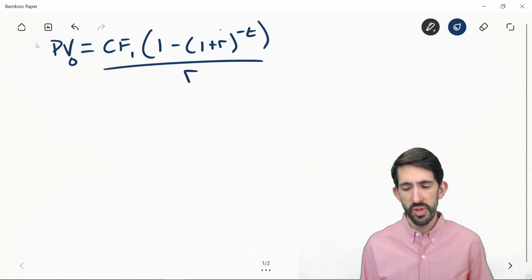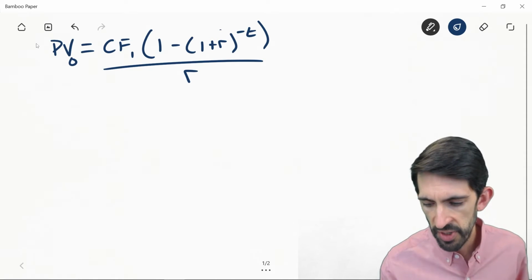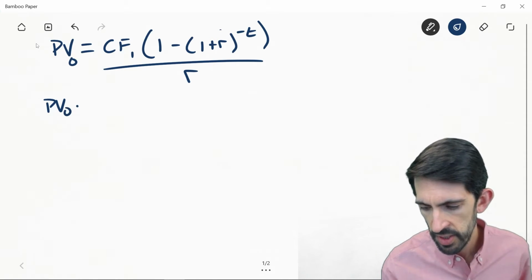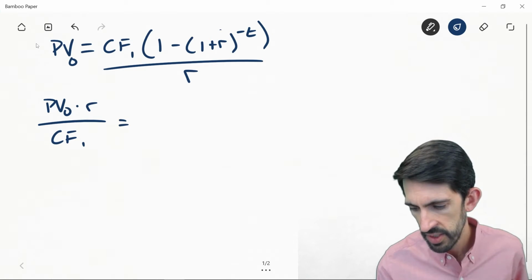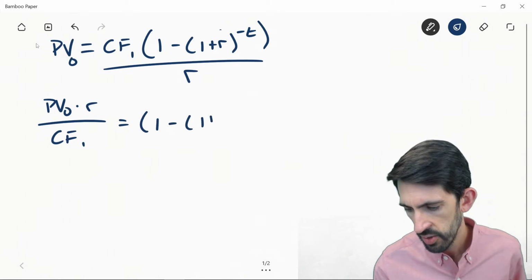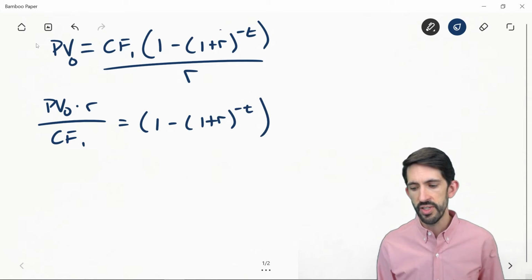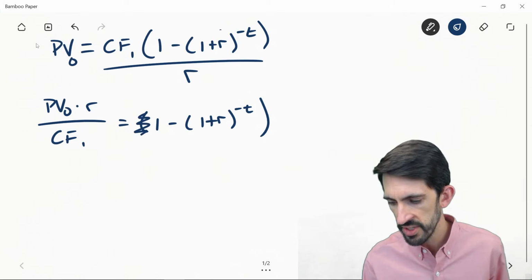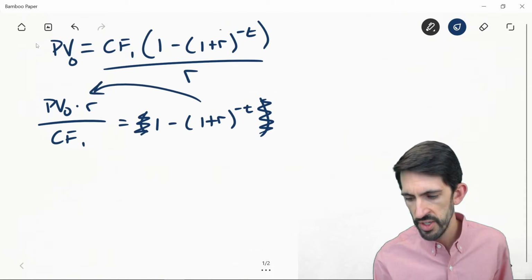All right, so to do that, let's start out by moving everything we can to the left-hand side. So we're going to have present value 0 times r divided by cash flow 1 is equal to 1 minus 1 plus r to the minus t. All right, we can get rid of these parentheses now, and we can flip sides of these two terms.